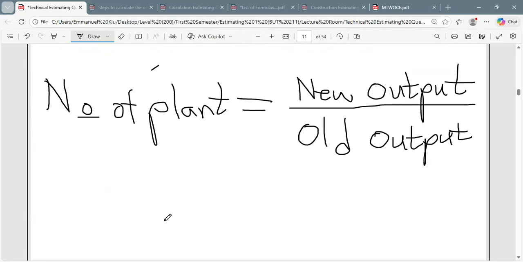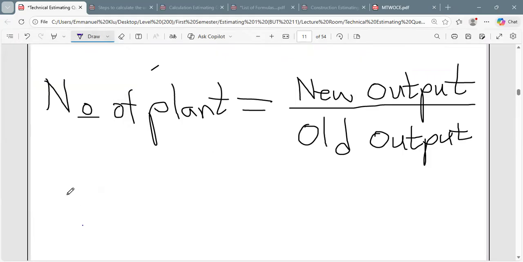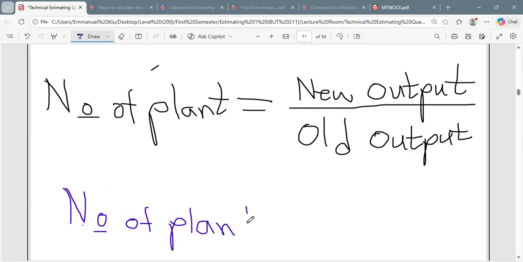So at the end of the day, what are we supposed to do next? That implies that our number of plants is now going to be equal to which one was our new output?